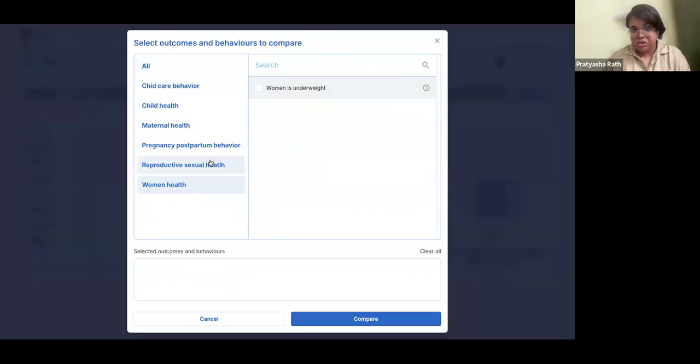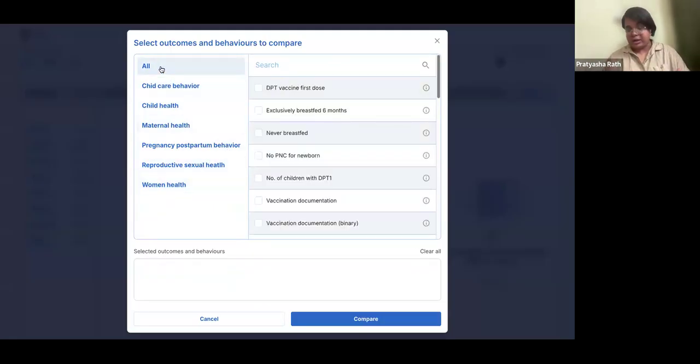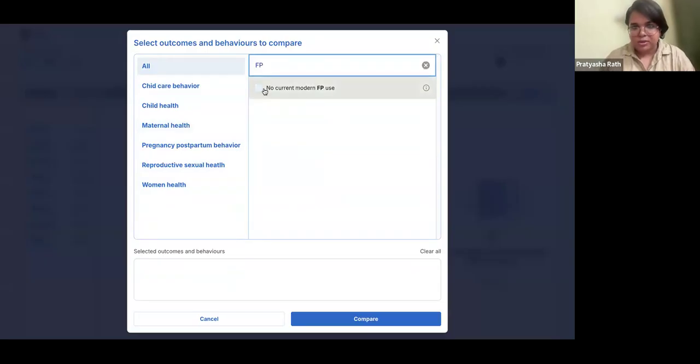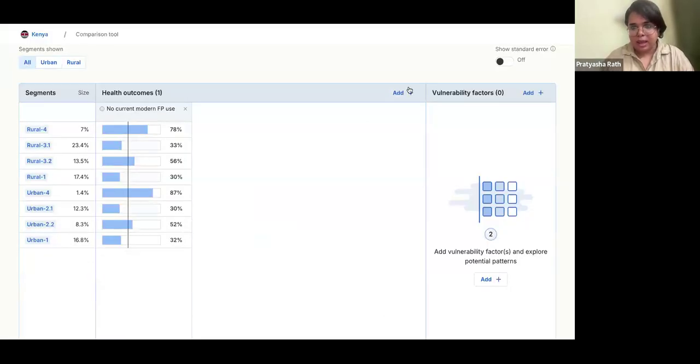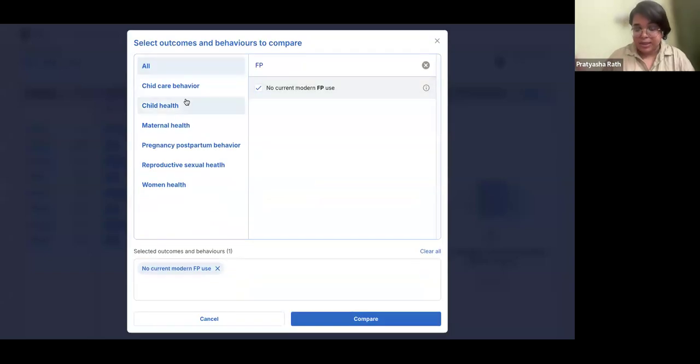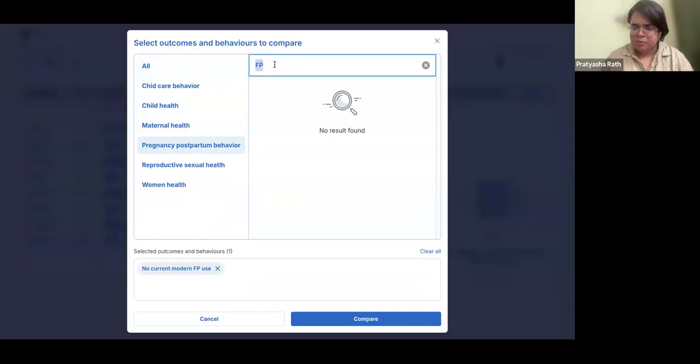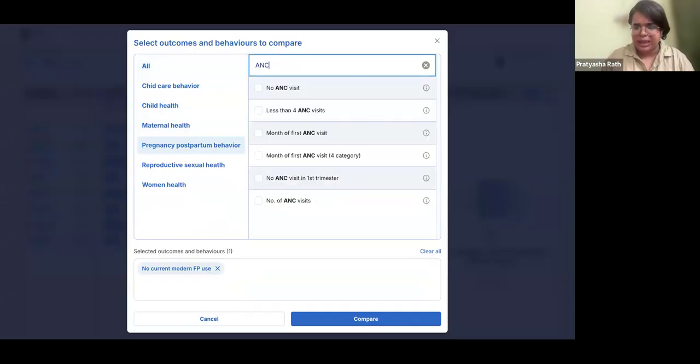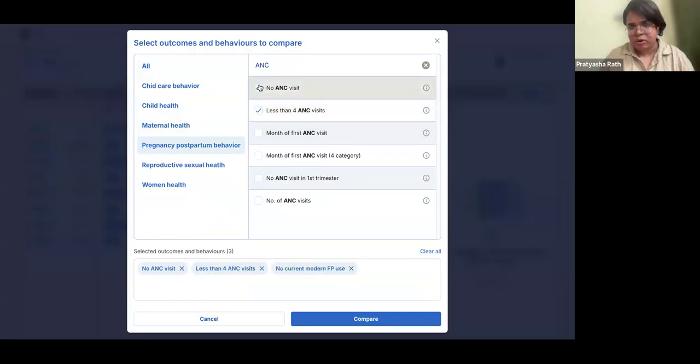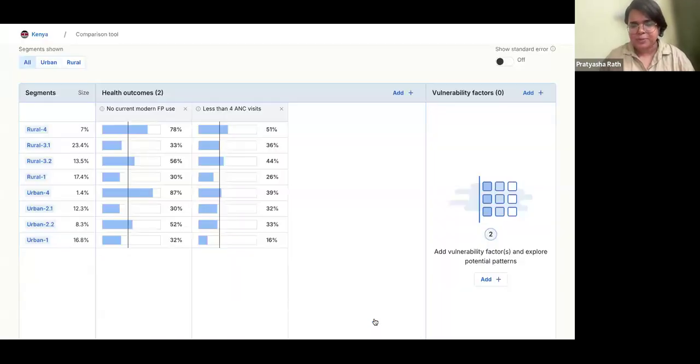I could explore each of these areas, or if I already know what the outcomes I have in mind are, I could just type it here. So say I'm looking at FP, and along with this, simultaneously, side by side, I want to look at some clinic-based behaviors. So maybe I want to look at ANC. So let's click less than 4 ANC visits, perhaps.